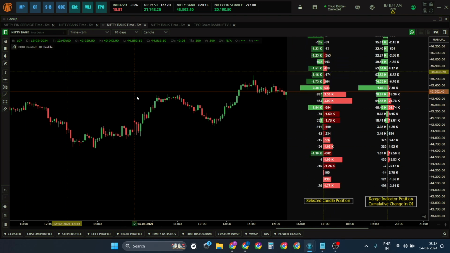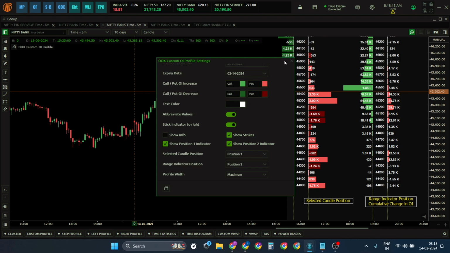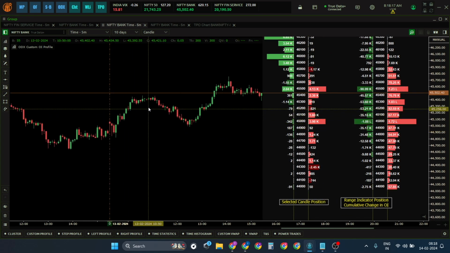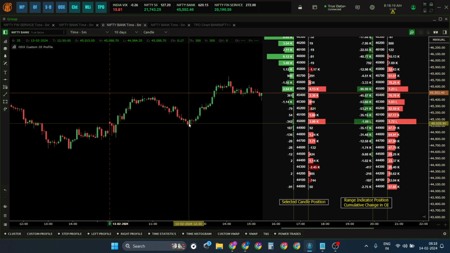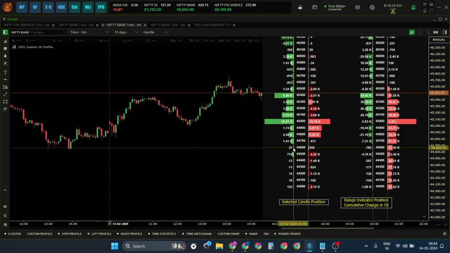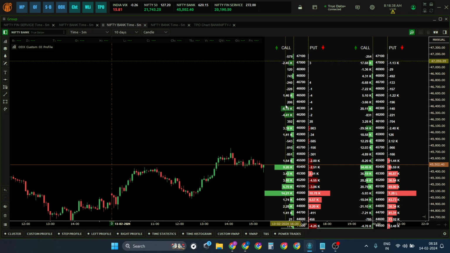Let me turn on the strikes here. On what strikes the data is updated or changed is represented by the color as well as the numbers. If you see here, 14.21k, this is the call side.